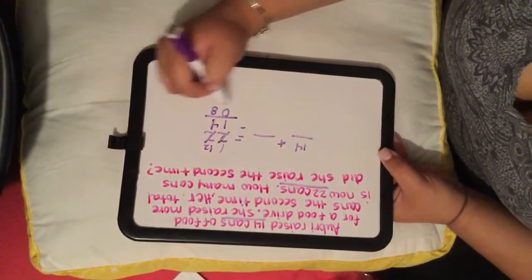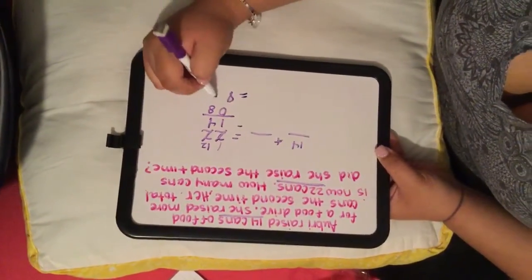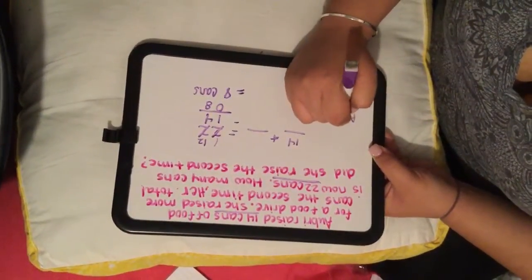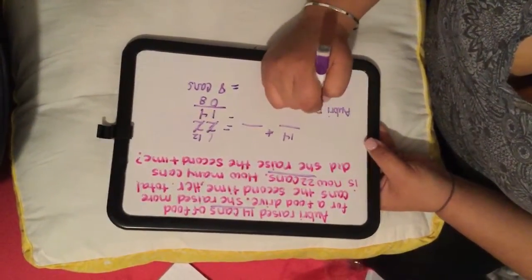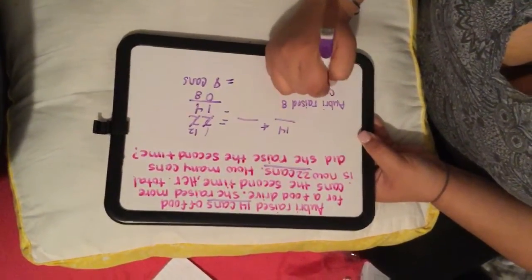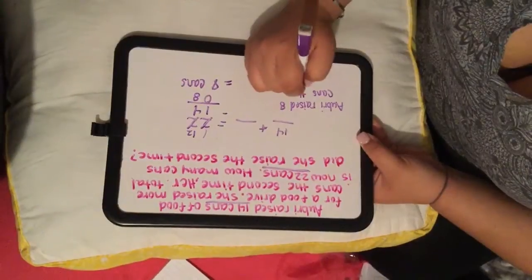So our total is 8 cans. So Aubrey raised 8 cans the second time.